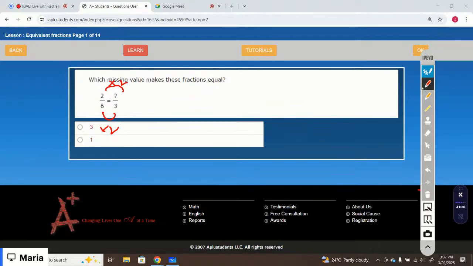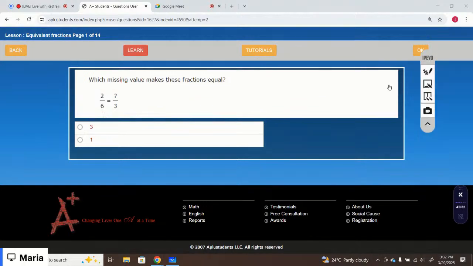So what number times 2 is 2? 1 times 2 is 2, right? So the missing number is 1.